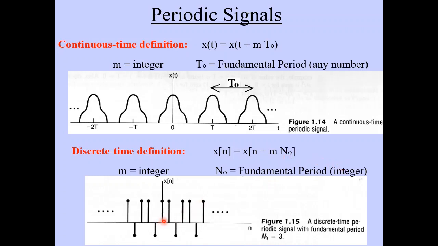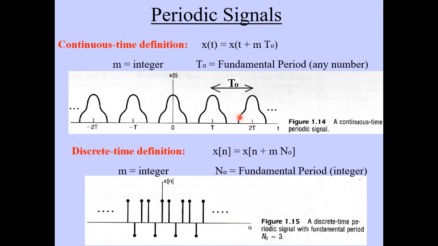Because remember, the time axis for discrete time sequences is n, and n takes on only integer values. In other words, n equals 0 here, n equals 1, n equals 2, 3, 4, 5, 6, etc. There is no such thing as n equals 1.5 or n equals 3.2.